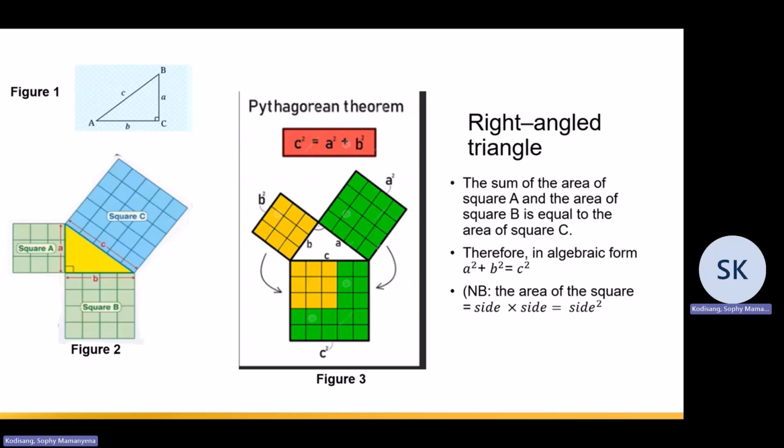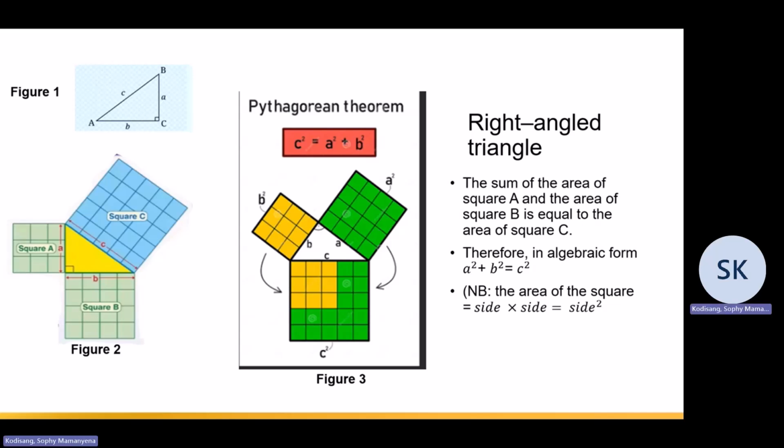Now, when you count the total number of small squares on the big square C, the small squares are 25, as I have indicated. The small squares on square A, they are 9, and on square B, they are 16. Now, what is the relationship?